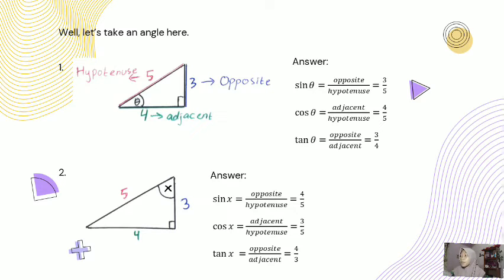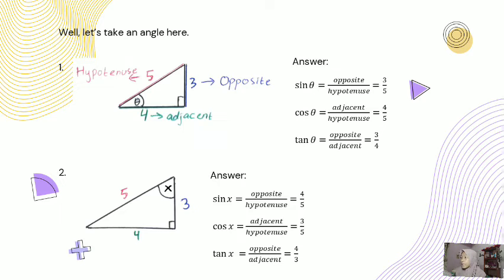Number 1, hypotenuse equals 5, opposite equals 3, and adjacent equals 4. For the answer, sin theta equals 3 per 5, cos theta equals 4 per 5, and tan theta equals 3 per 4.